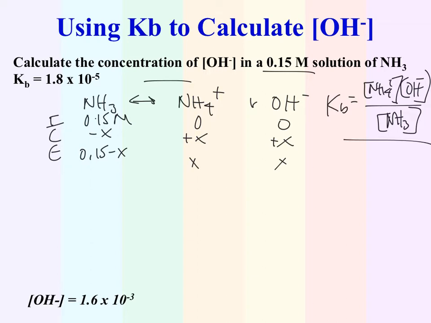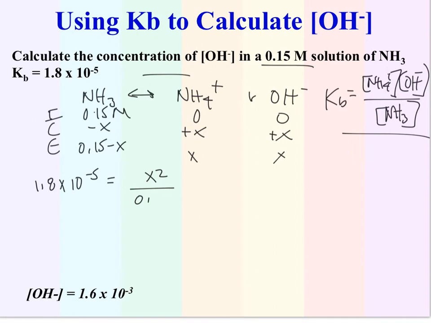Then like normal, we know our Kb value, 1.8 times 10 to the negative fifth. That's going to be equal to x squared over 0.15 minus x, and we're going to work on solving for our x value.